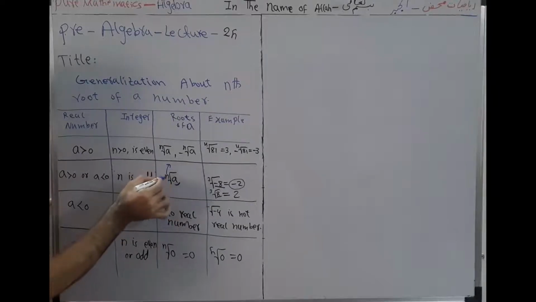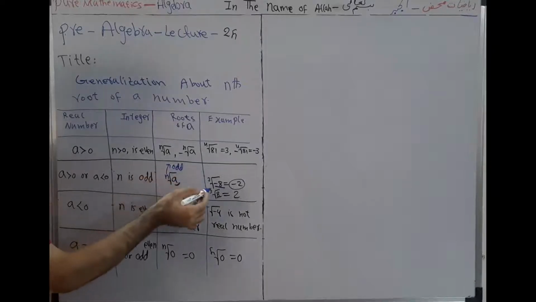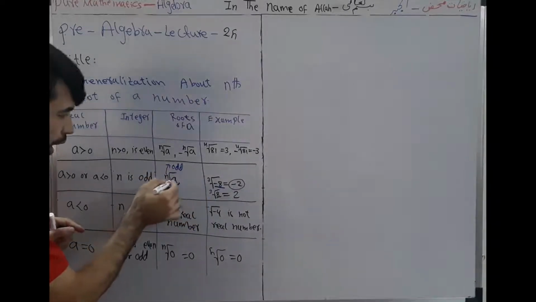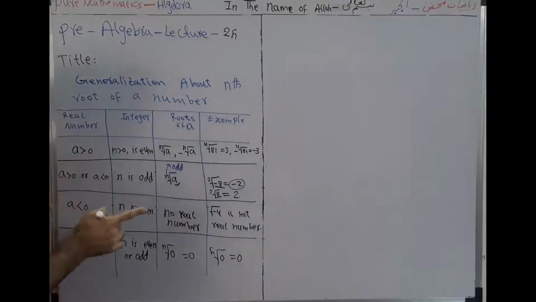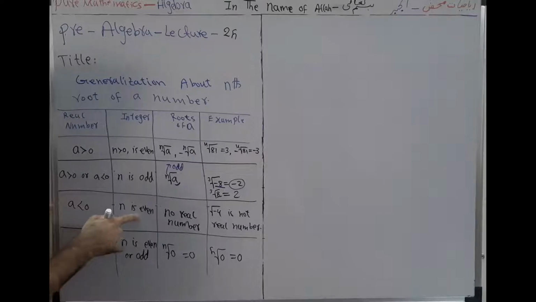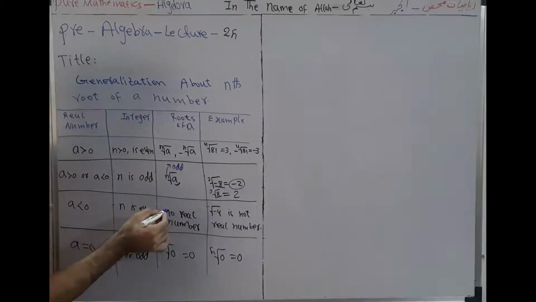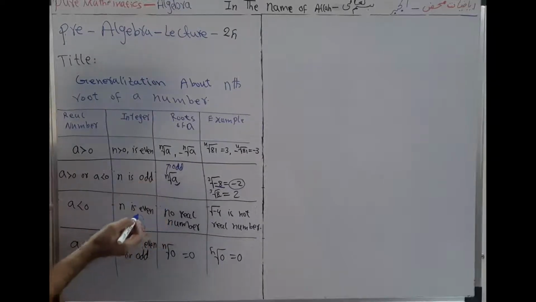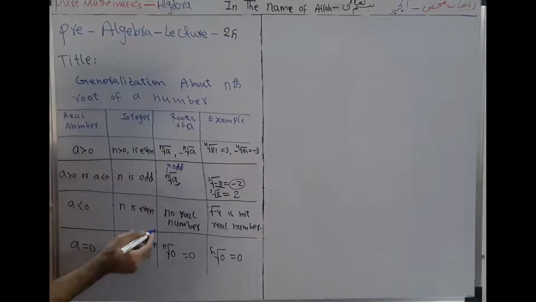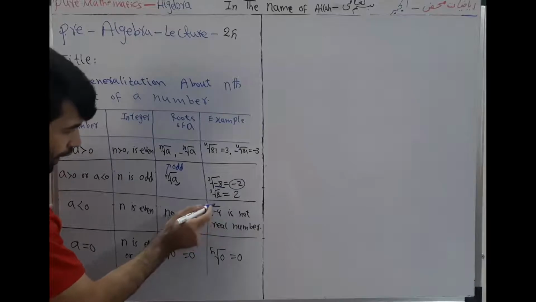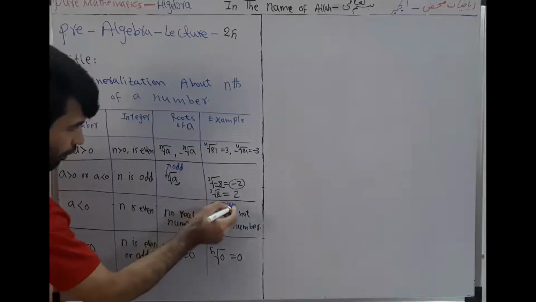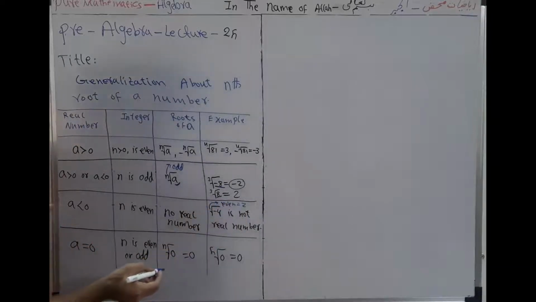If n is an odd number, the n-th root of a exists, as you see. If a is less than 0, but n is an even integer, for example the square root of minus 4, the index is even, equal to 2.